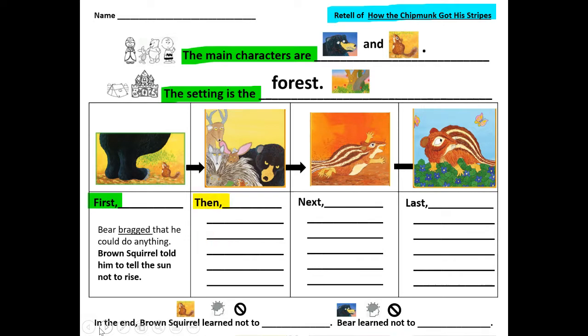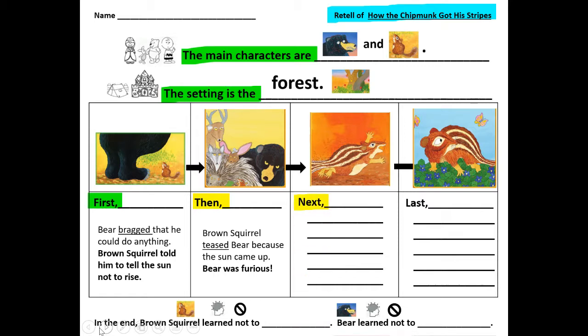Then what happened? What happened after that? Then Brown Squirrel teased Bear because the sun came up the next day. Bear was furious, you can tell just by looking at his face.